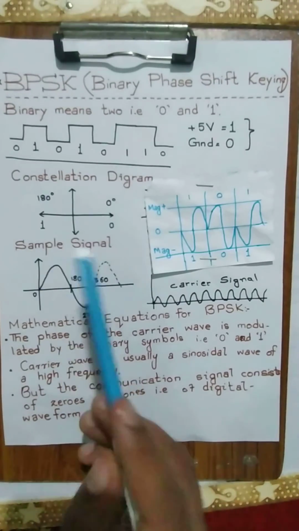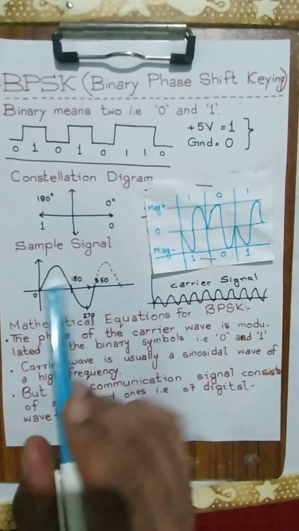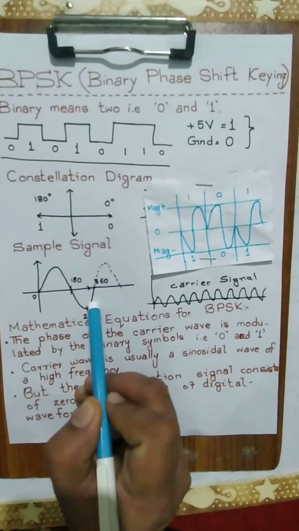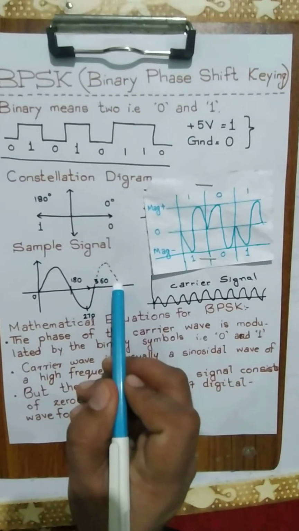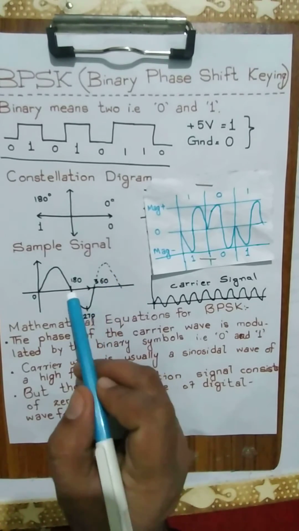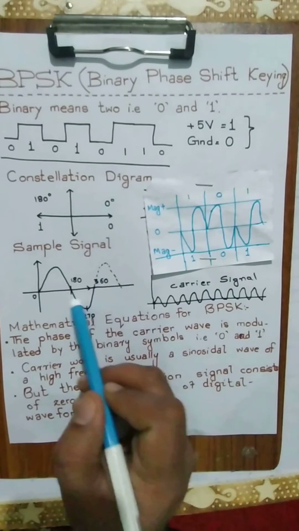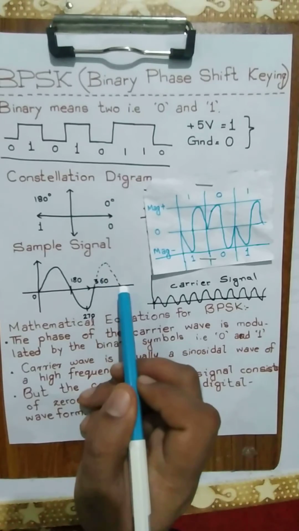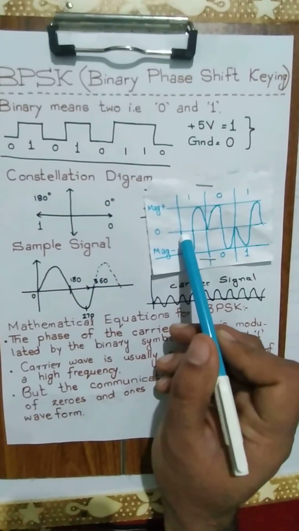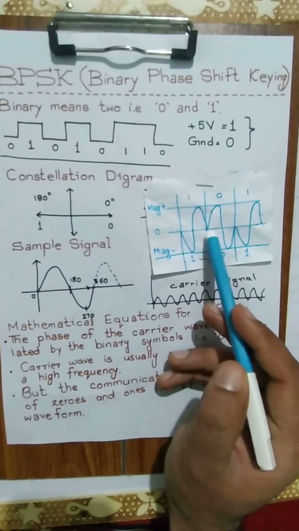So when there is 1, our signal will start from 180, but it will complete its cycle, and one cycle consists of one trough and one crest, one negative side and one positive side. So here you can see that we start from 180 and then end here.